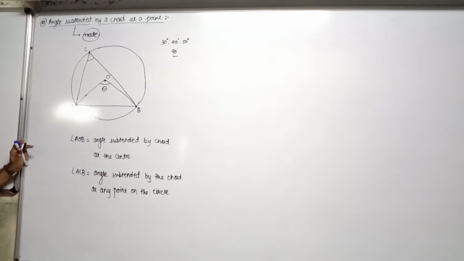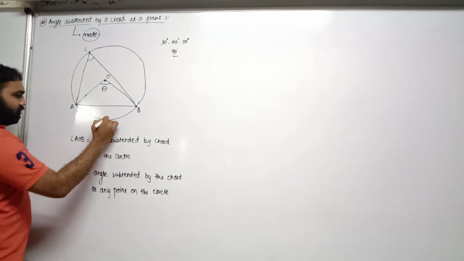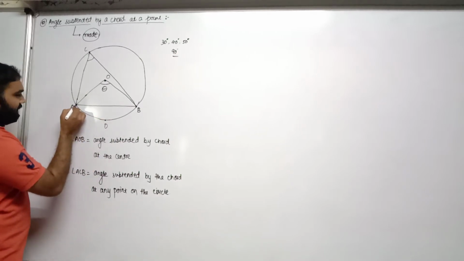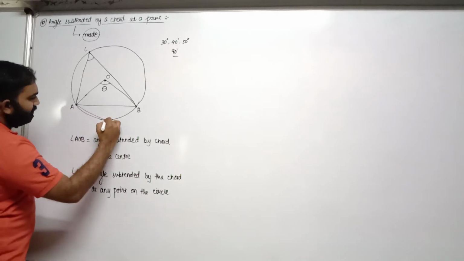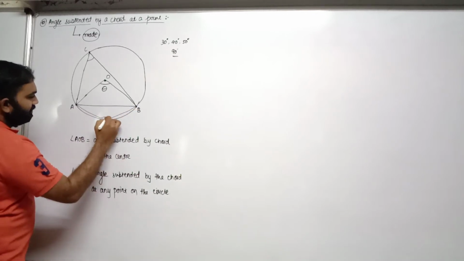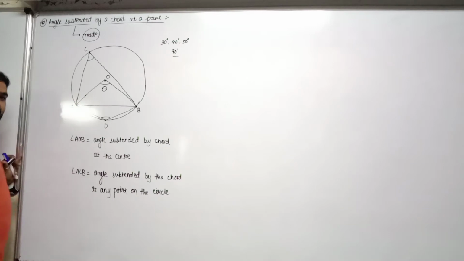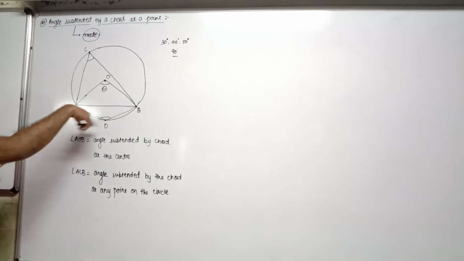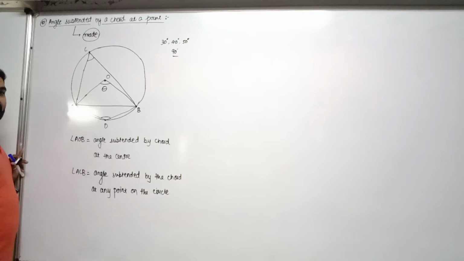You can also call angle ACB the angle subtended by the chord on the major arc. Similarly, if I get a point D here, then angle ADB will be the angle subtended by the chord on the minor arc. This is the minor arc, right? So these are the angles subtended by the chord.